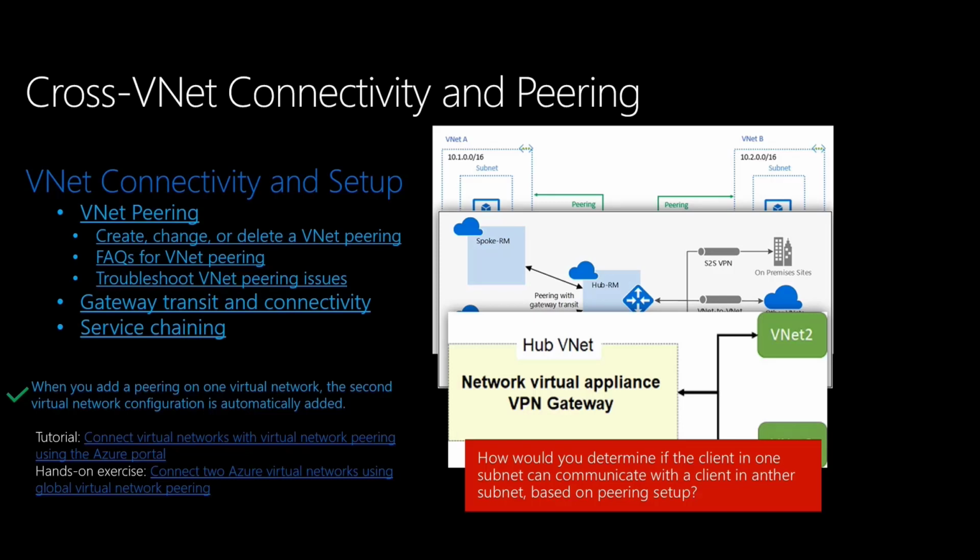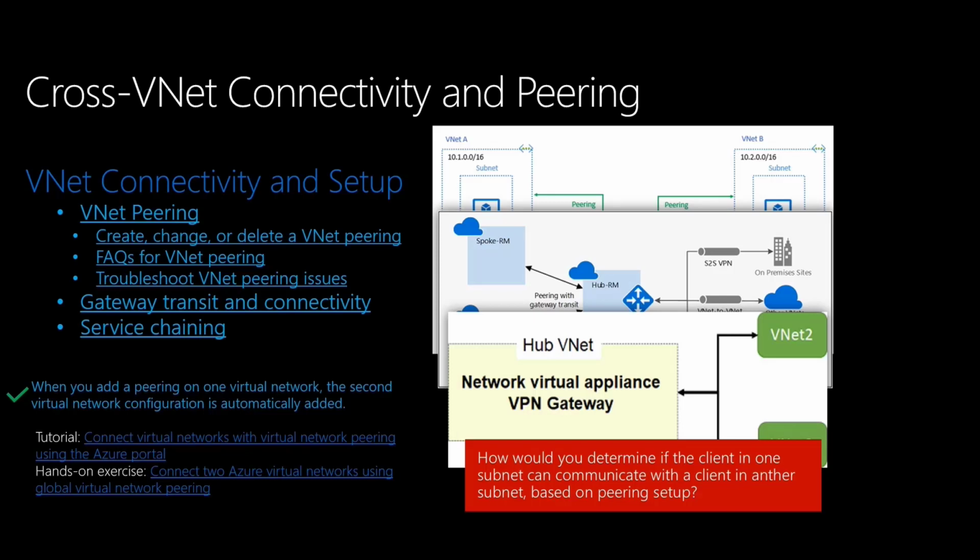In the diagram, gateway transit allows the peered virtual networks to use the Azure VPN gateway in the middle in Hub RM. So that's the network that we're talking about.